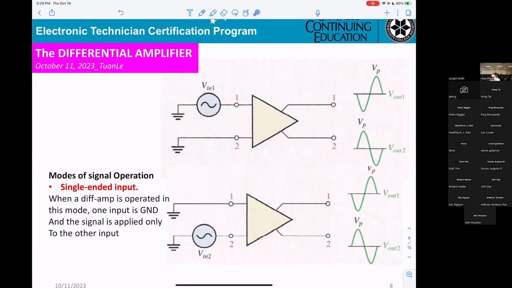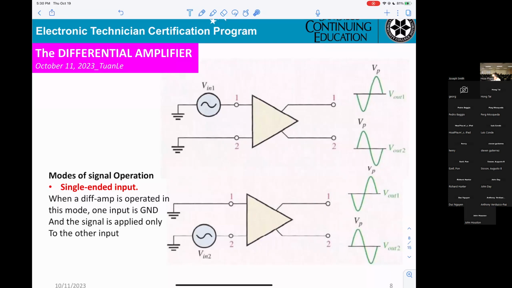Mode of signal operation. Single-ended input. That means they apply the input V in 1, with V in 2 input grounded. Okay, this is the symbol for the differential amplifier, and you get two outputs, one will be opposite, one will be in phase.